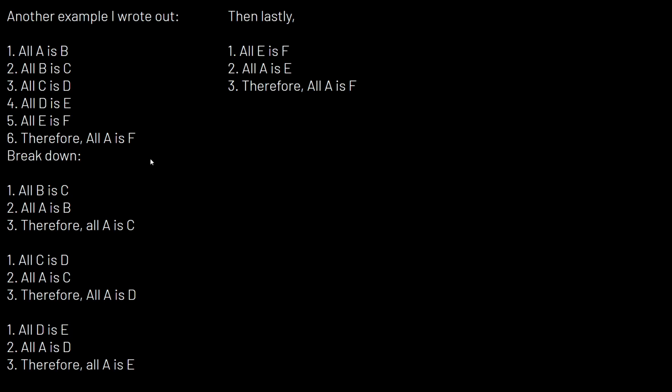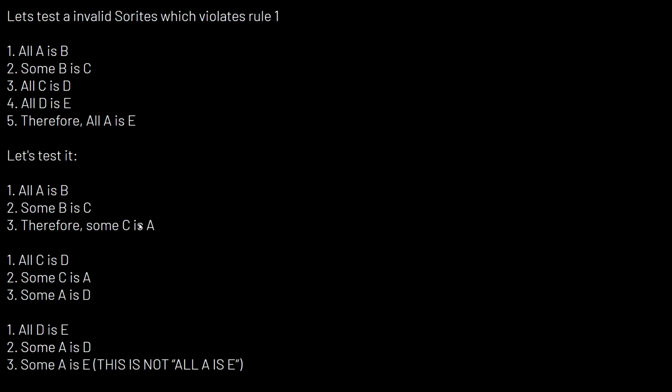The reason why you see the middle term, that is the term that appears in both premises, structured like this in each syllogism I broke down, is because I wanted to make it a first figure. A first figure has the middle term first as subject, then as predicate.